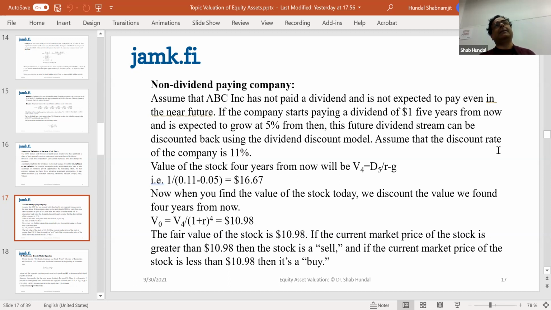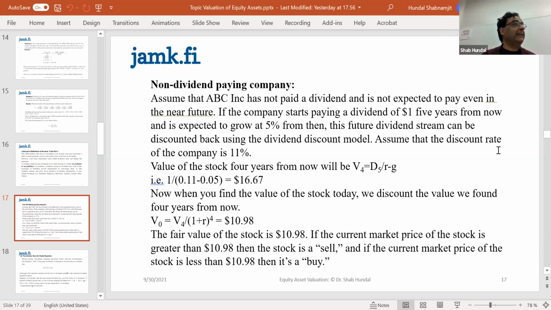Look at the word expected. This is very confusing. That is why the role of behavior, feelings, emotions and sentiments is very important in the financial markets. You can say that the company would start paying a dividend based on the fact that some of its competitors have started paying dividends and they are paying this much.